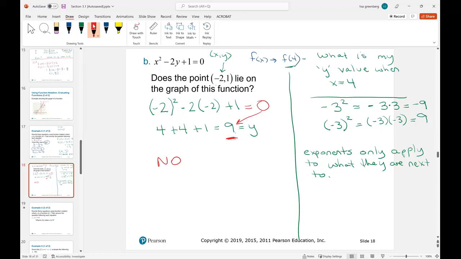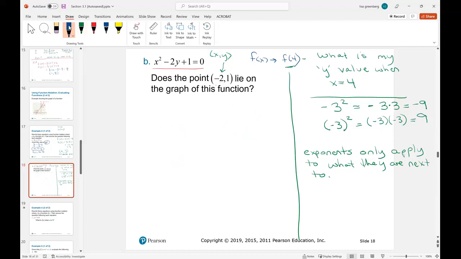Okay, if this came out to 0, then it would be true, because when I plug in -2, I should get 0. And again, I made a mistake. So let's erase this and do it again. I still get a no probably, but I definitely did it wrong.